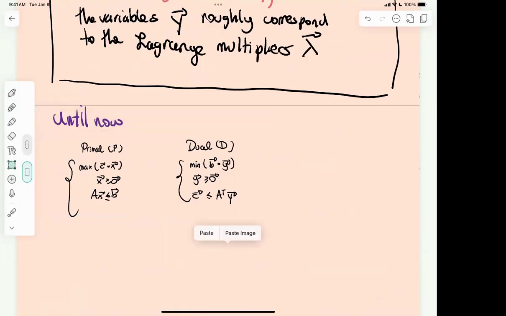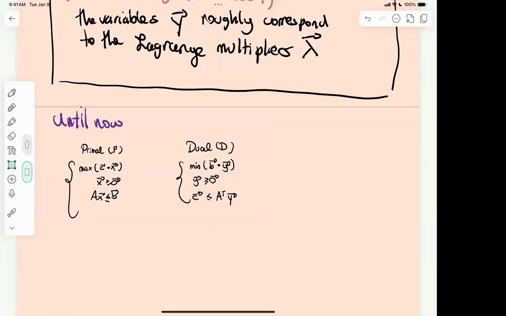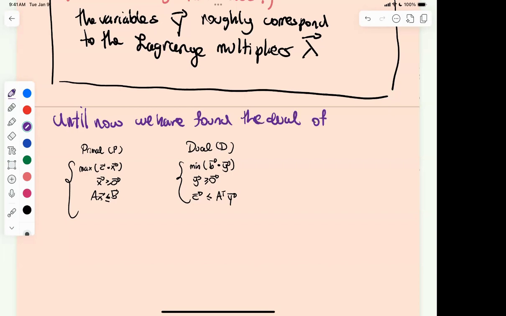Until now, I told you how to find the dual of a system, provided that system is defined with an inequality, right? If you had Ax less or equal to b. So until now, we have found the dual of an optimization problem defined by inequalities, right?